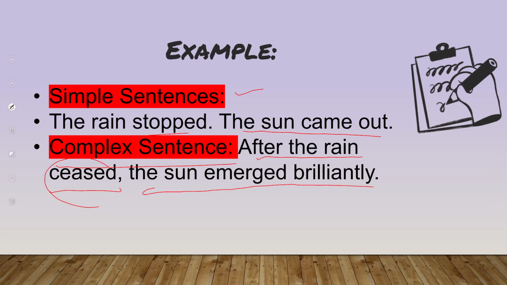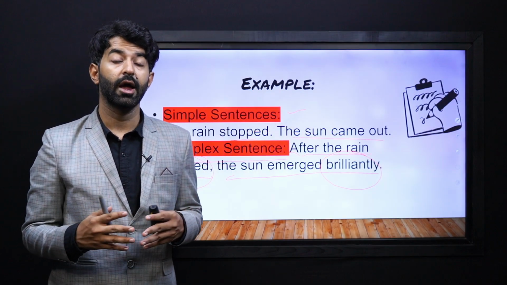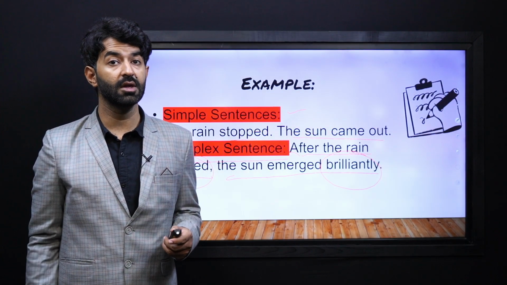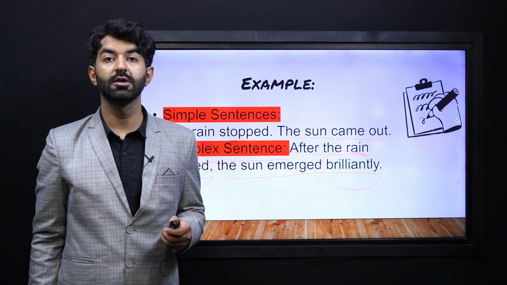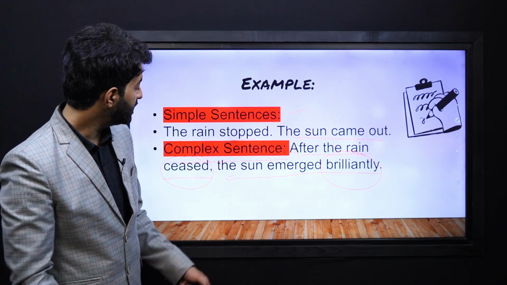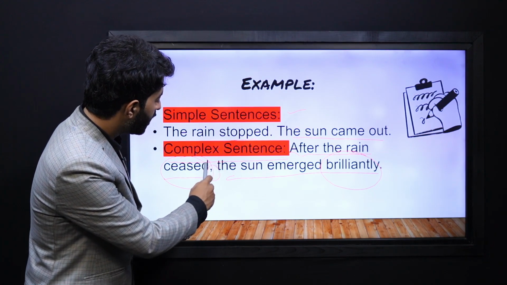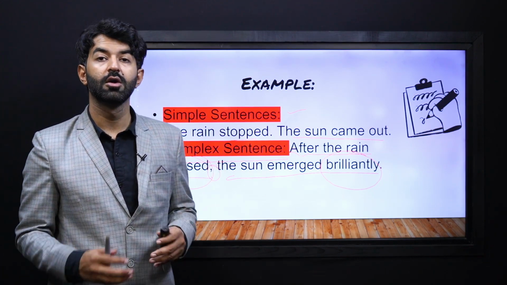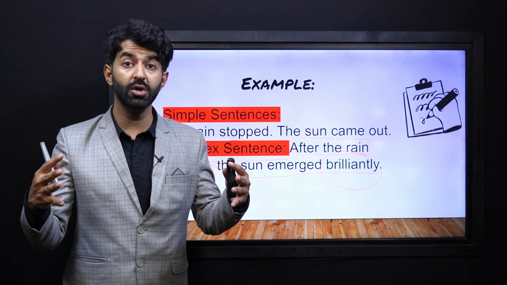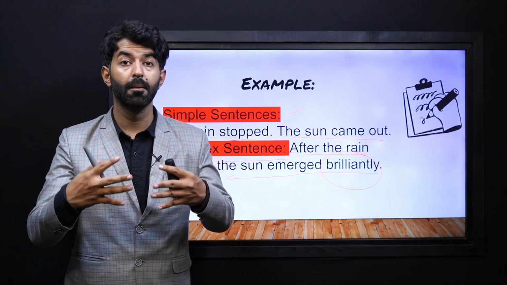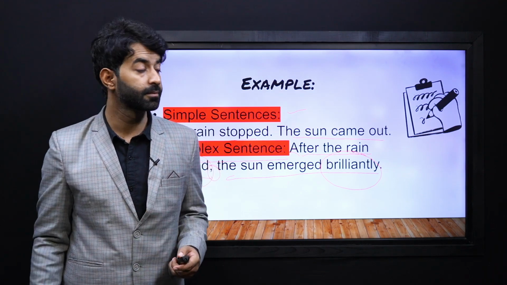The words ceased, emerged, brilliantly are all vocabulary words that you need to know, and you could learn a lot of words like these in order to make longer sentences. You can see that we used a comma, a punctuation mark, to put these two sentences together and merge them into one.